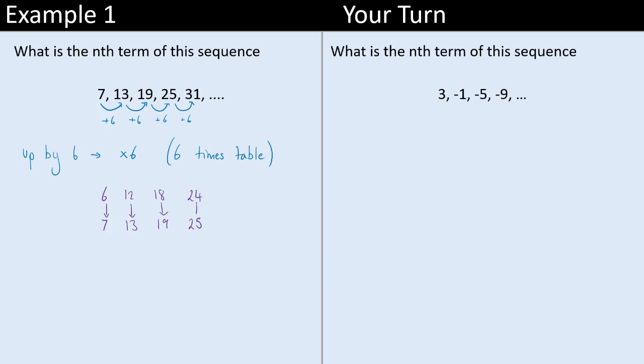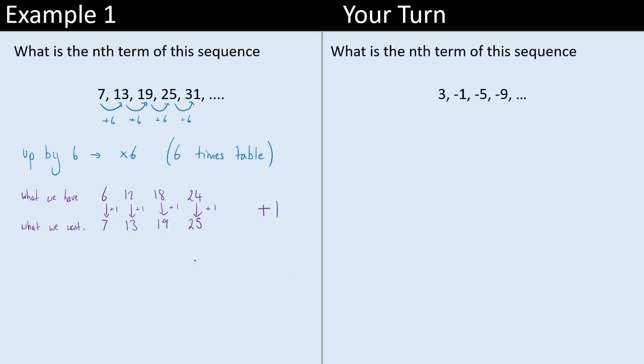I need to look at how I get from what we currently have to what we want. And to do that, I'm having to add 1. Add 1. Add 1. And you guessed it, add 1. So the second part of our sequence is going to be plus 1.